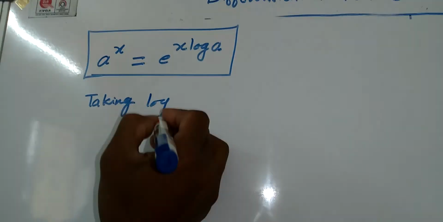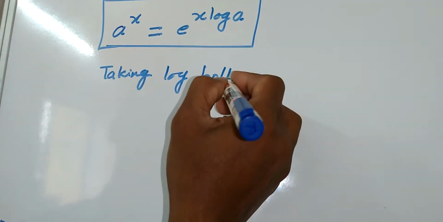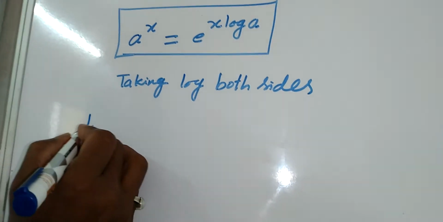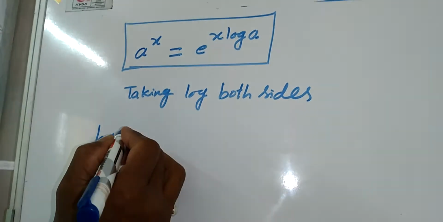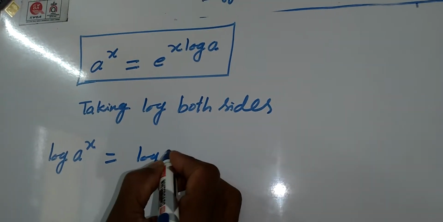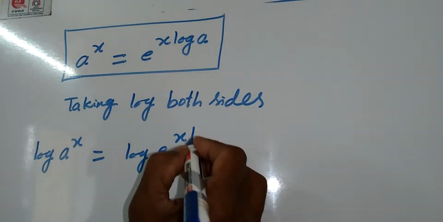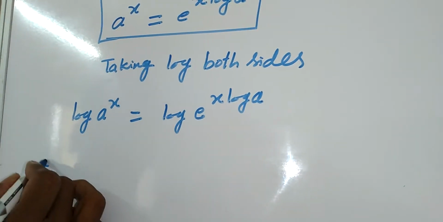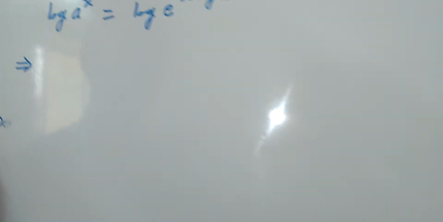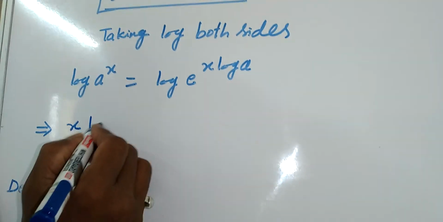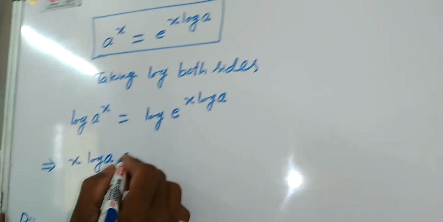So taking log on both sides: log of a to the power x equals log of e to the power x log a. This implies, by using the property, we can write x log a.